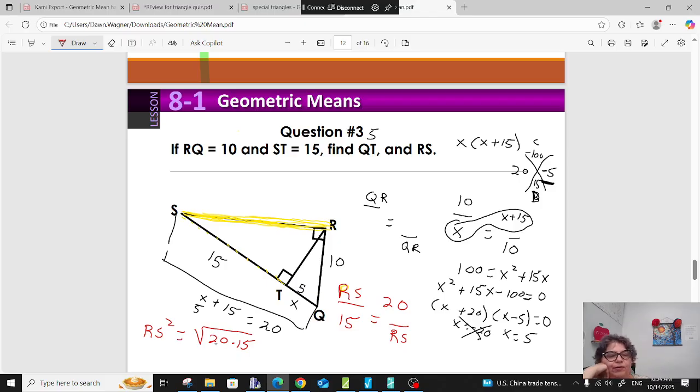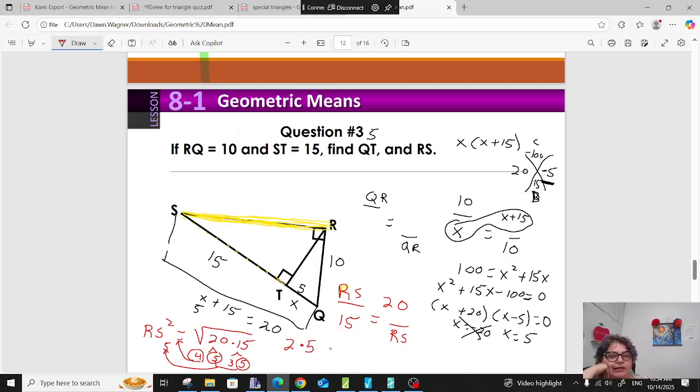Now I do that to make it easier to simplify. Is there any perfect squares in 20? 4 is a perfect square. So 4 times 5. What about 15? 15 doesn't, but I know that there's a 5 somewhere in there, right? So the 4 comes out as a 2, but I have two 5s, which together come out as 5. 5 times 5 is 25, square root of 25 is 5.